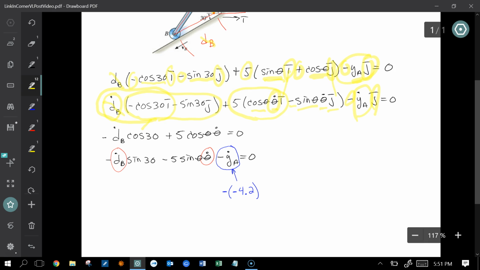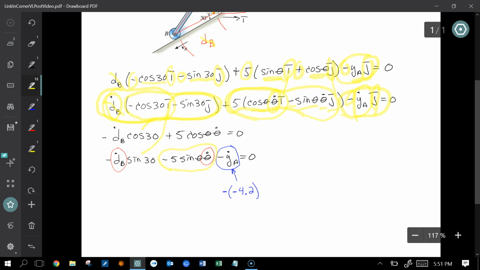Then pull off all the j's: dB dot negative sine 30, this piece right here. Then here's another piece: minus 5 sine theta, theta dot. Here's another piece right there: minus YA dot equals 0.